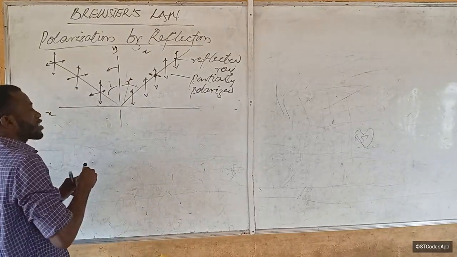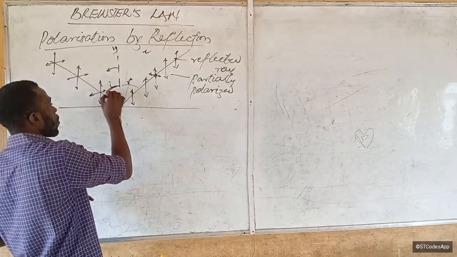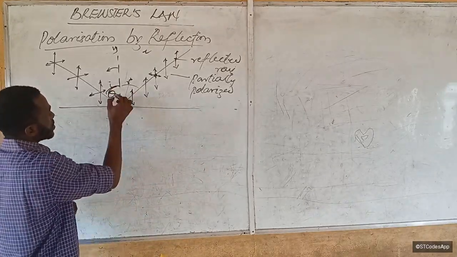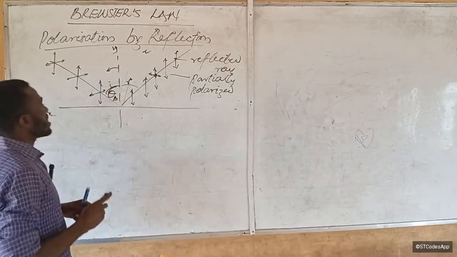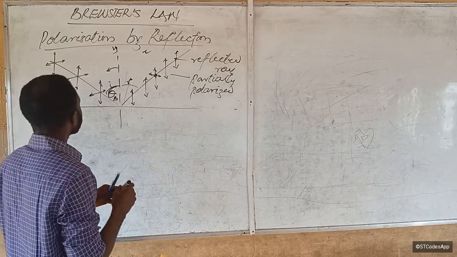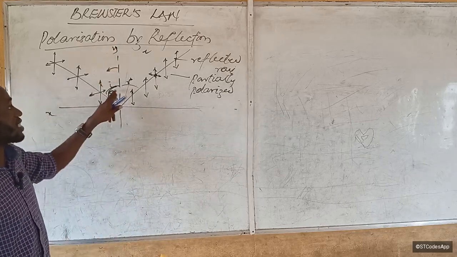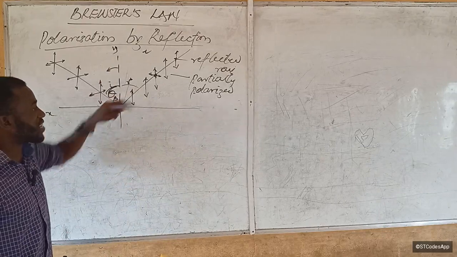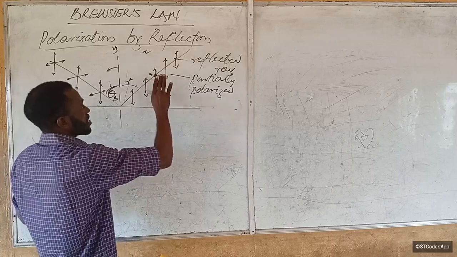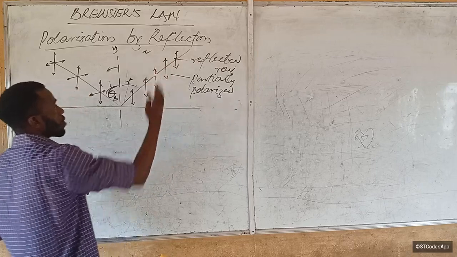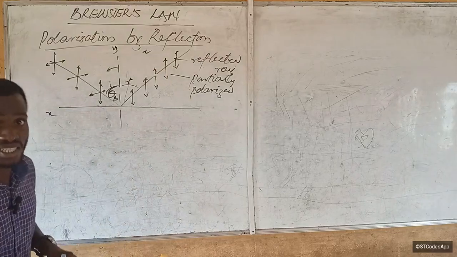But we are going to get to a particular angle that we call angle theta B, that is Brewster's angle, where this polarizing angle will be perfect. That is, this ray will be perfectly polarized and will not have any component in the z-axis again.